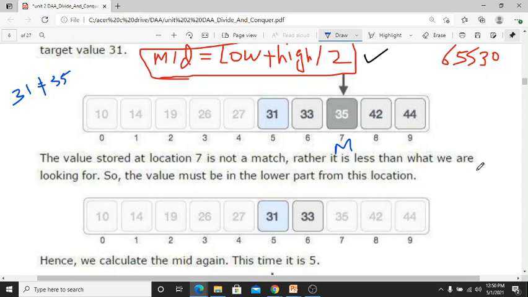It is less than what we are looking for, so it must be in the lower part, which means we should move to the left-hand side.